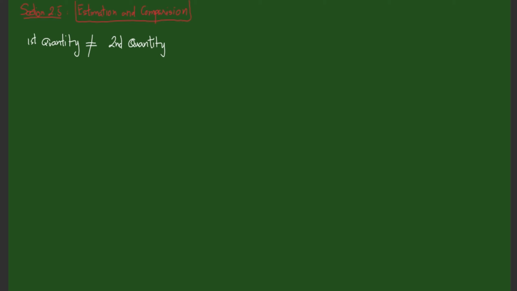If one quantity is not equal to a second quantity, then we have four different symbols that we can use. This symbol is called less than, this is called greater than, this is called less than or equal, and this is called greater than or equal.